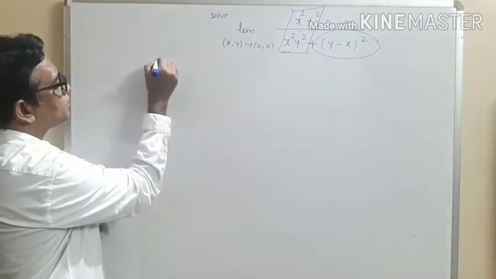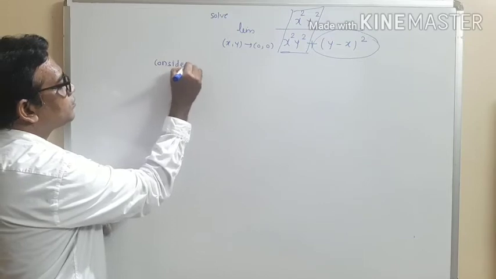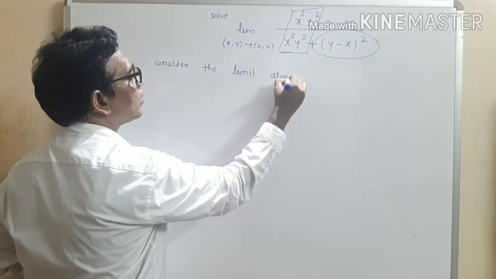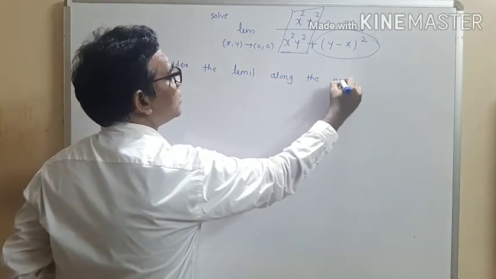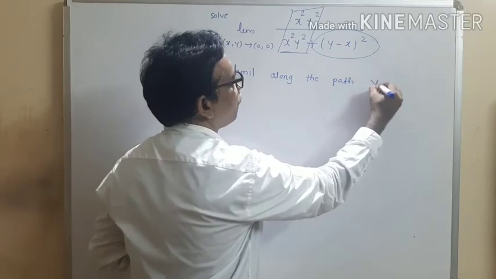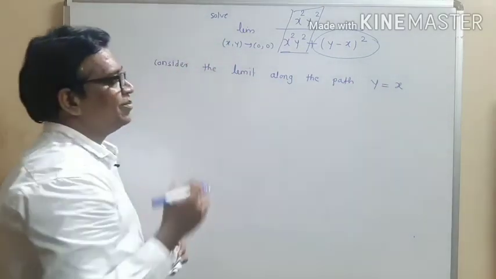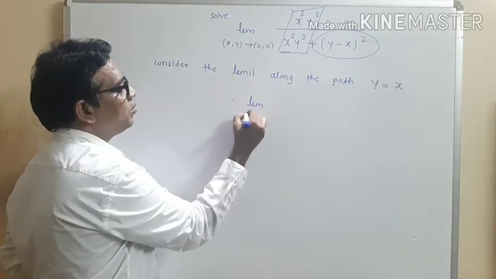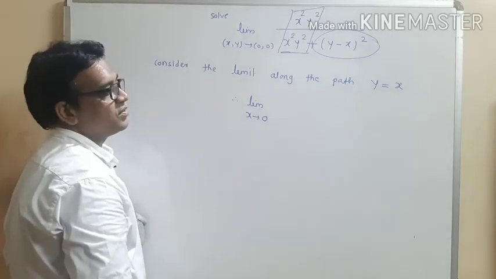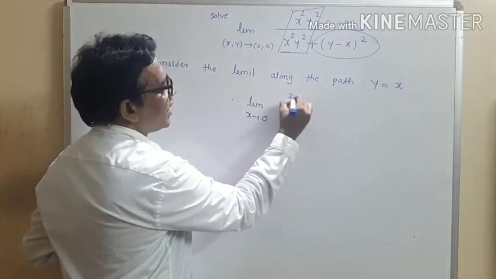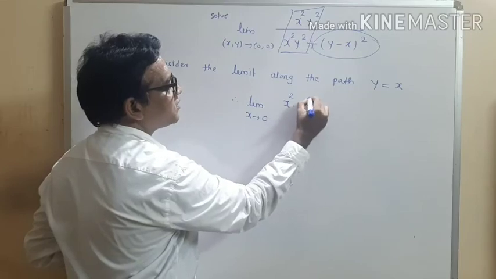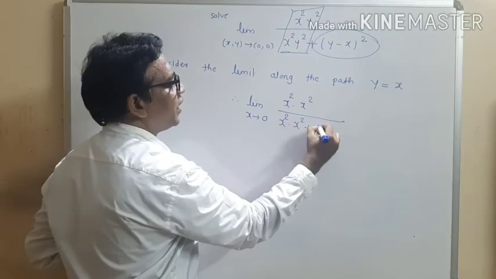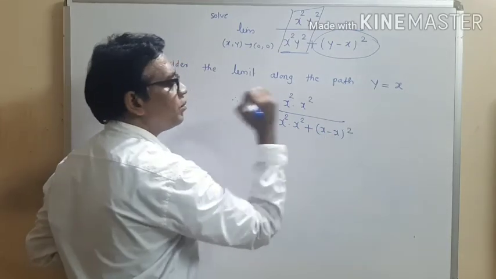Consider the limit along the path y is equal to x. So put y is equal to x in the given function. So this is limit x tends to 0 of x square into x square, over x square plus x square plus (x minus x) bracket square.